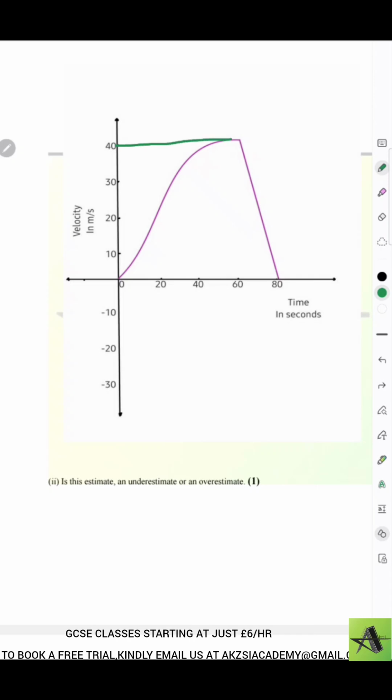First we see this is 40. Till here it's going 40. Then here till 30, let me draw a straight line like this. This is 20 and this is 10. If I join like this, no, we can't.